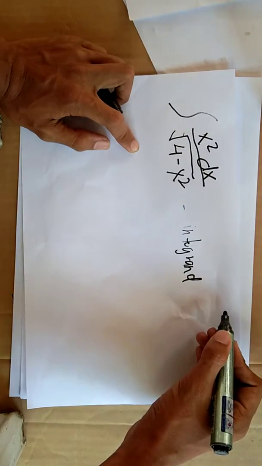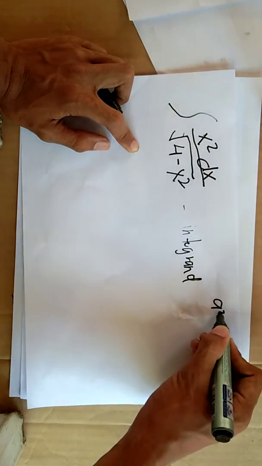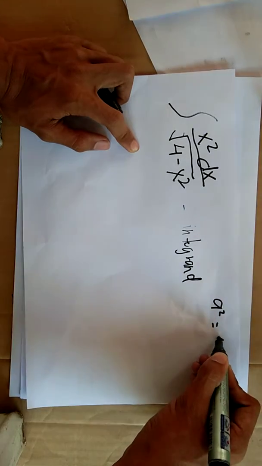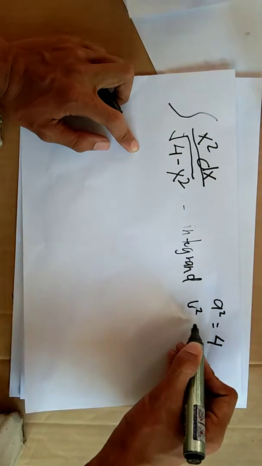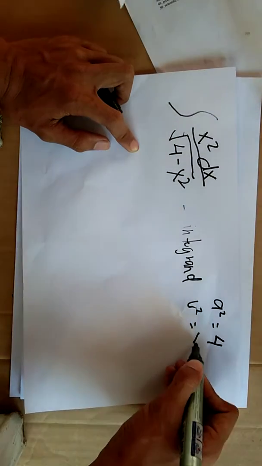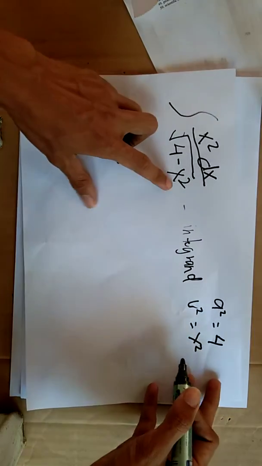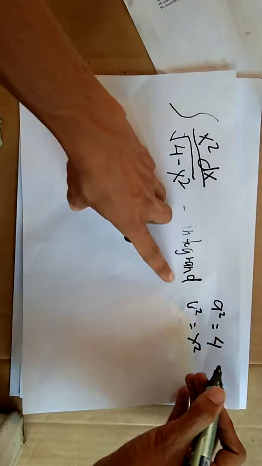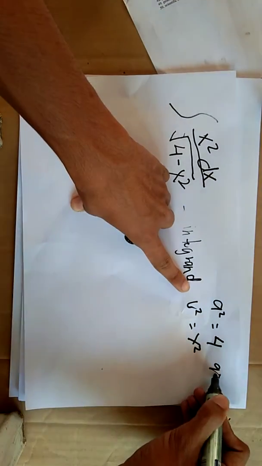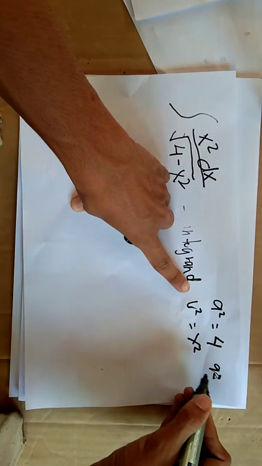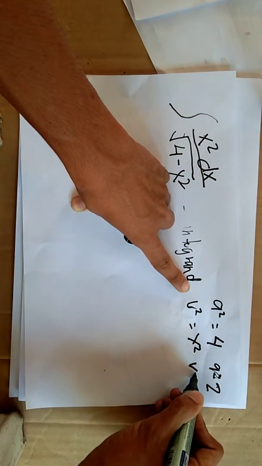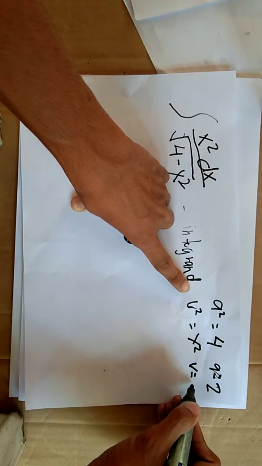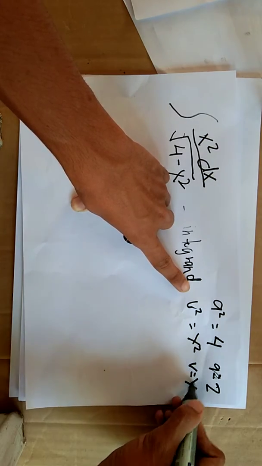In our integrand we have a squared, which is 4, and u squared, which is x squared. Since a squared is 4, then a will be the square root of 4, which is 2, and u will be the square root of x squared, which is x.